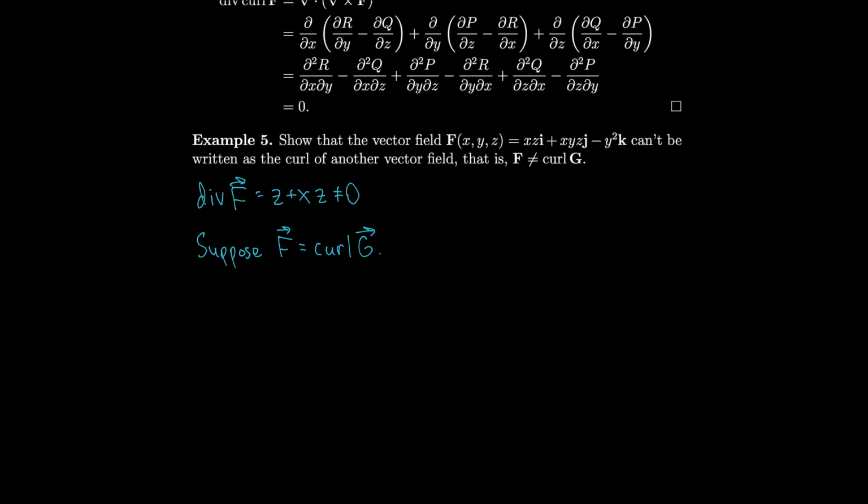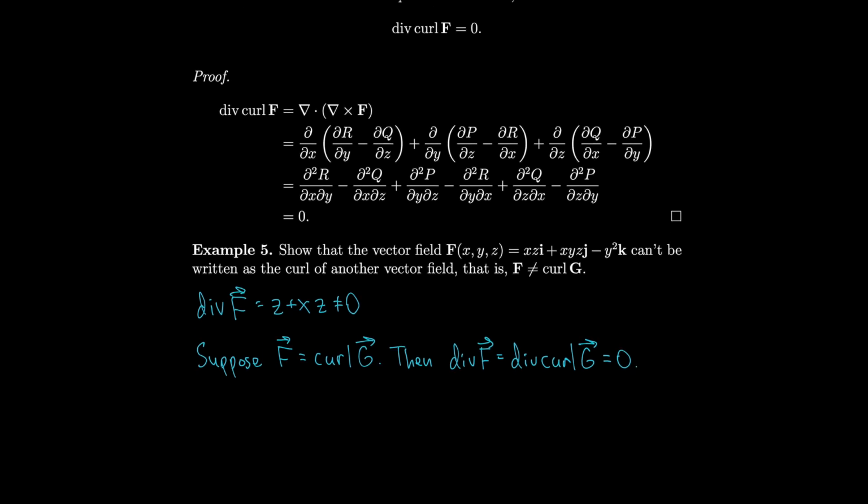It's immediately apparent why it's impossible, because then we would have to have the divergence of f equal to the divergence of the curl of g. But we said the divergence of f is not 0. So the divergence of the curl of g should be equal to 0 if f is equal to the curl of g. So this is an immediate contradiction.